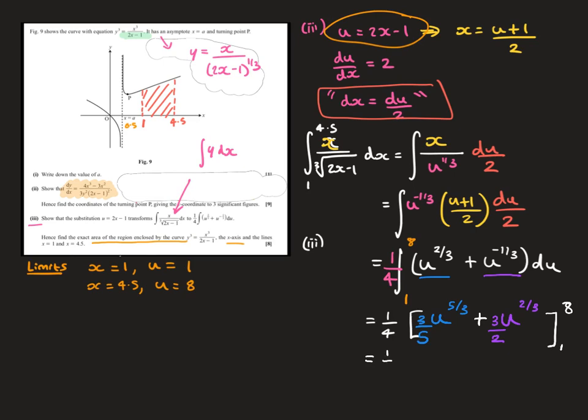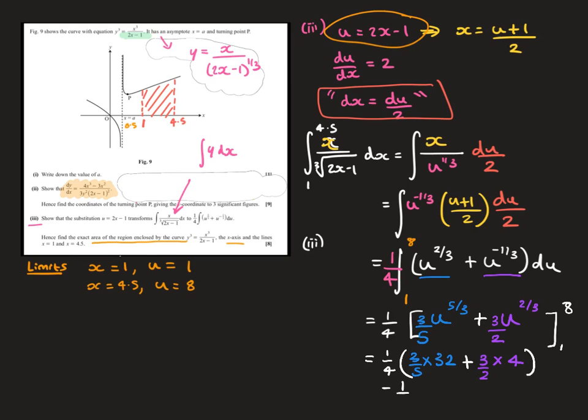Now, working this out, we then get a quarter. Now I'm going to input my upper limit of 8. Now 8 to the power of a third is 2, so we've then got 3/5 multiplied by 2 to the power of 5, which is 32, plus 3/2 multiplied by, well, 8 to the power of 2/3, we just get 4. 8 to the power of a third is 2, and then 2 squared is 4.